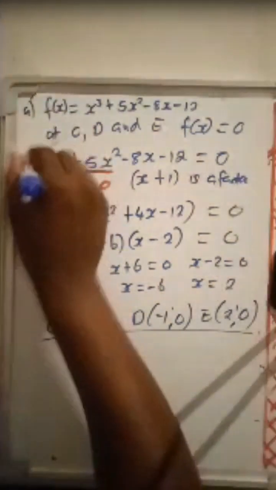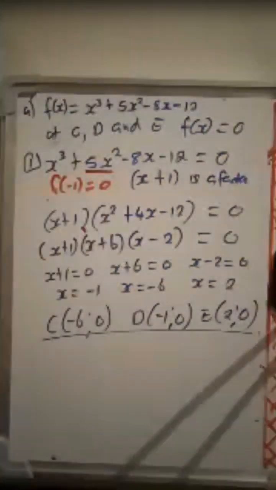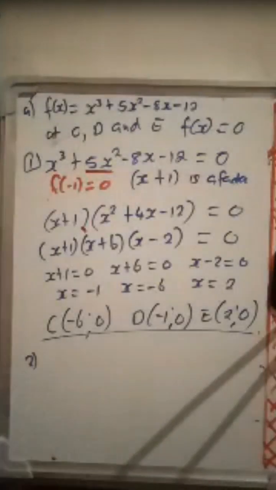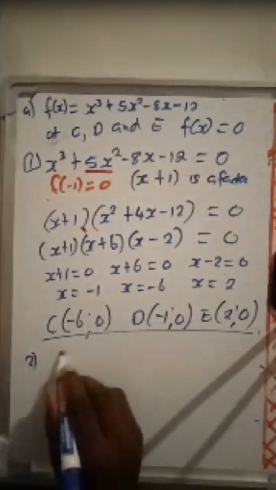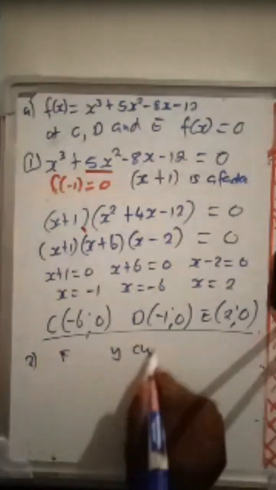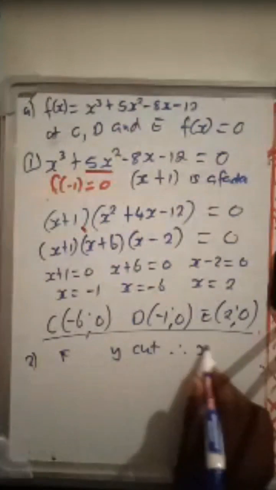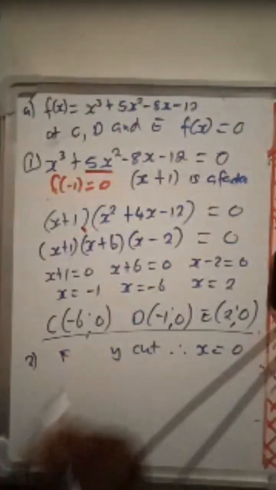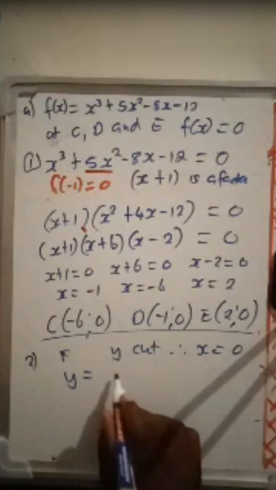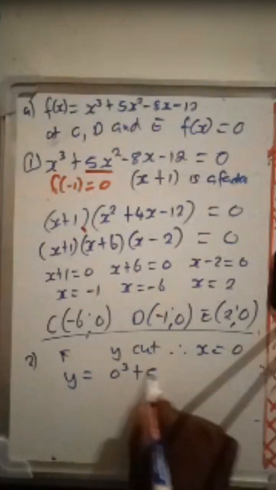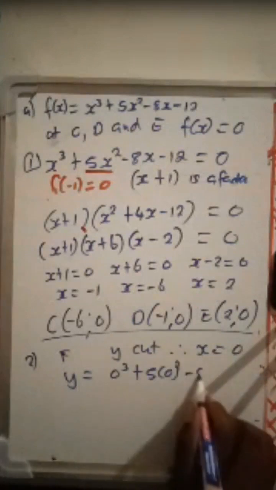Number 2 is saying write down the coordinates of F. What is happening at F? I'm going to answer myself. F is the y-intercept. Therefore, x is equal to 0. Therefore, y is equal to 0 cubed plus 5 multiplied by 0 squared minus 8 multiplied by 0, minus 12.